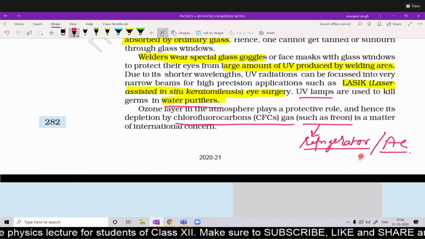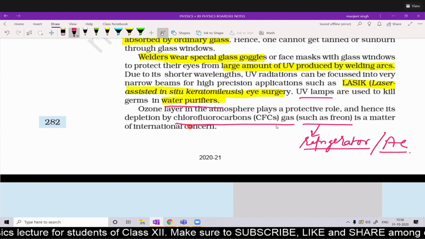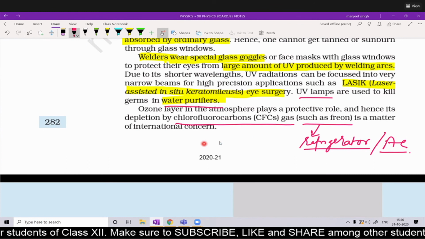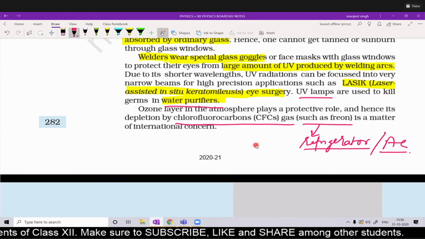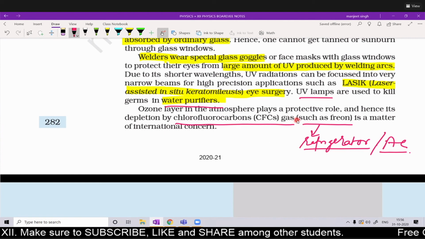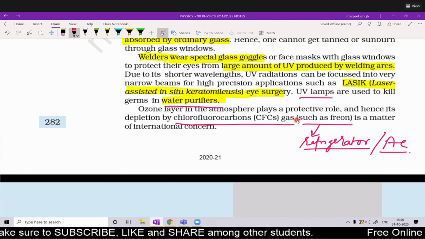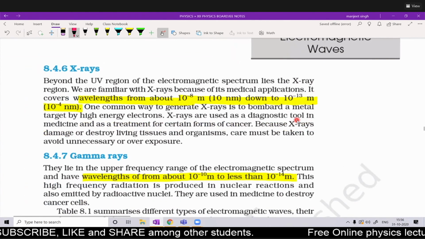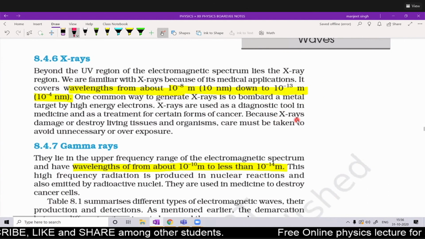The more we use refrigerators and ACs, the more CFC will be in the atmosphere, and it will go up and make a hole in the ozone layer. Our umbrella will be torn, and we will get ultraviolet rays directly from the sun that will harm our skin and even cause cancer.